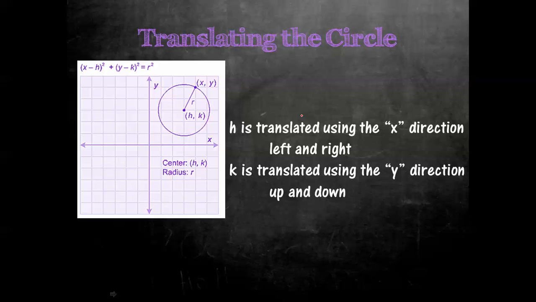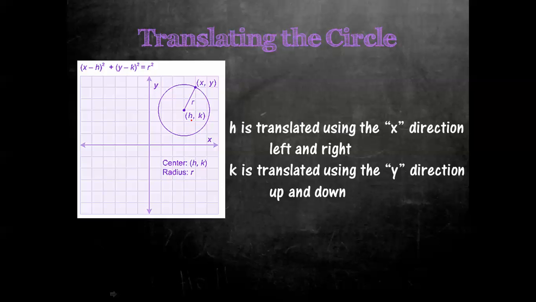Now, when we're translating a circle, as we've talked about translating before with dilation, isometric and non-isometric, we are not changing the shape of the circle. The circle is going to stay exactly the same. We're just going to move it left and right and up and down.